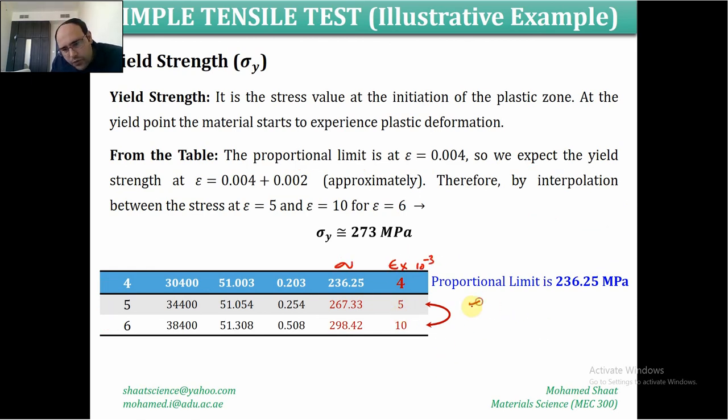The strain when it was 5, the stress was equal to 267.33, right? When it was 10, it was equal to 298.42. What should be then the stress when the strain equals 6?